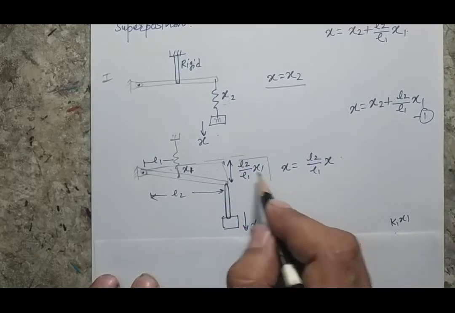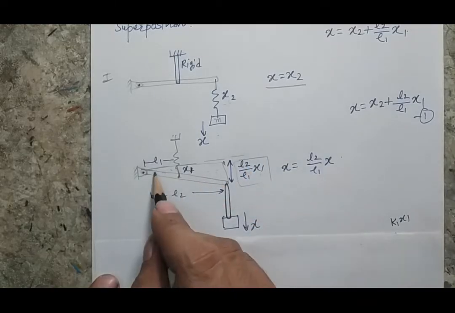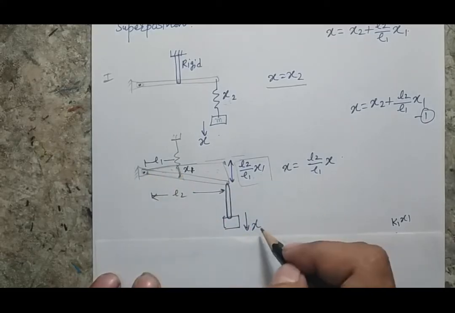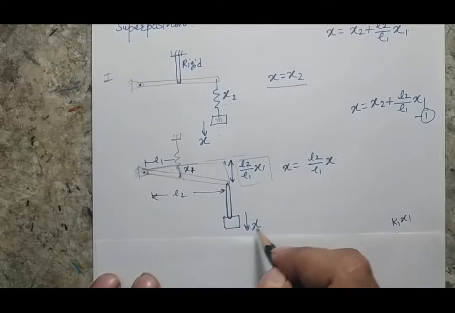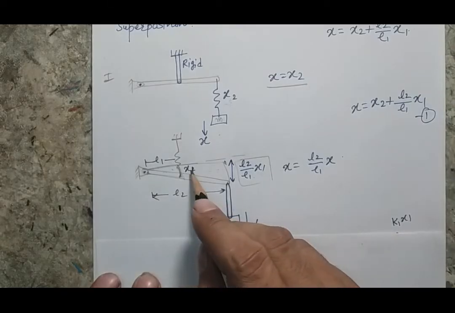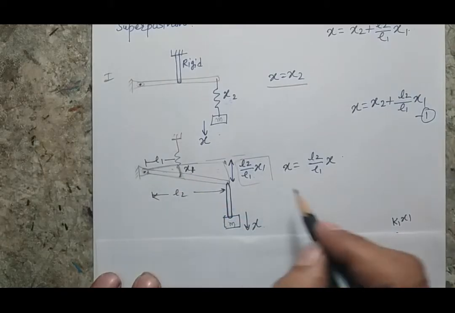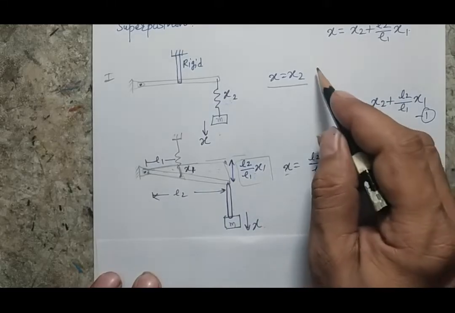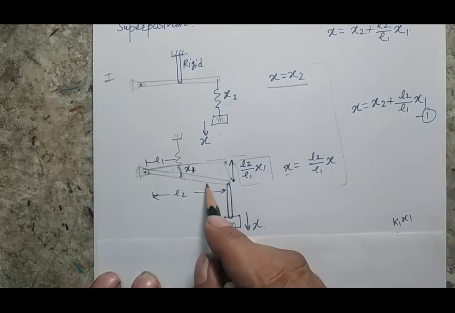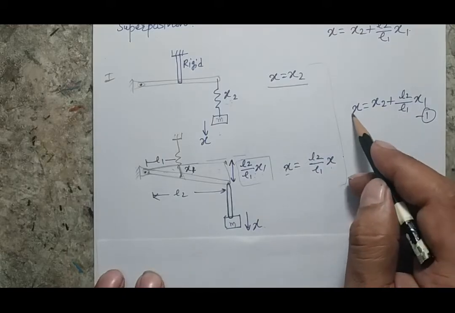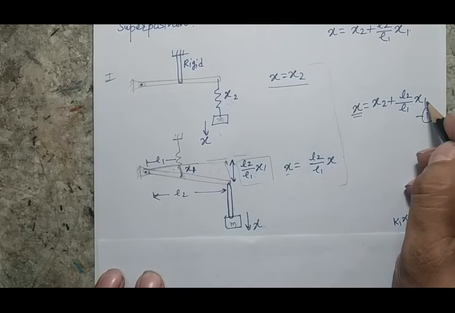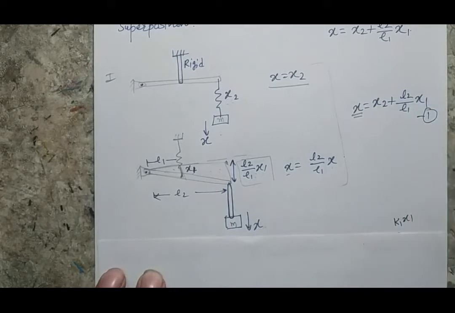I got this expression by applying the similar triangle. One triangle is the larger one, the other is the smaller one. So the displacement of this mass when the deformation is x1 will be x equals L2 by L1 x1, and these two are the individual results. My superposition method says that my total deformation will be the summation of these two values. So this is my first expression, calculated by applying the superposition law.